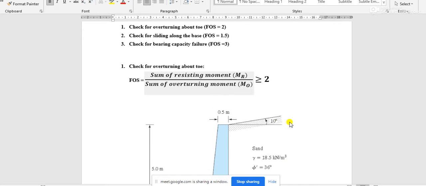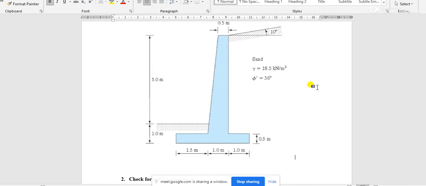Now, as I am discussing the checking for overturning failure, first of all, please listen carefully, you can write it also. I'll give you the notes with the solution of this problem, but the steps you have to remember in your exams.